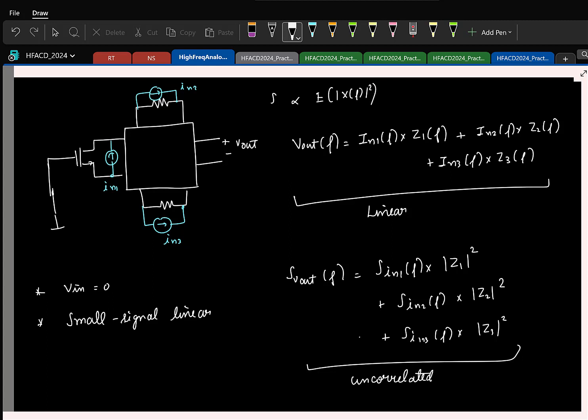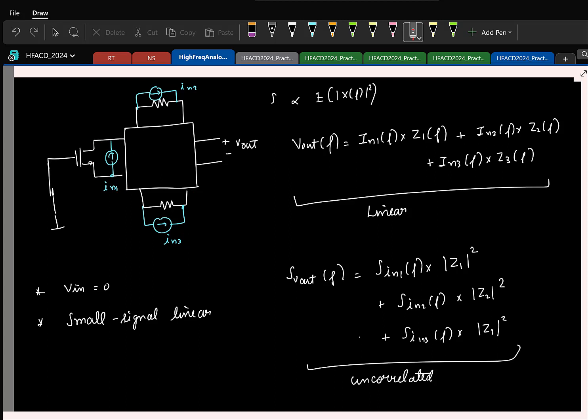So to find the total output noise, of course, you first start by making the input 0, and since noise is a small signal, you can use small signal analysis. So you take one noise source at a time, find the transfer function from that noise source to the output, and then do it for all the noise sources.